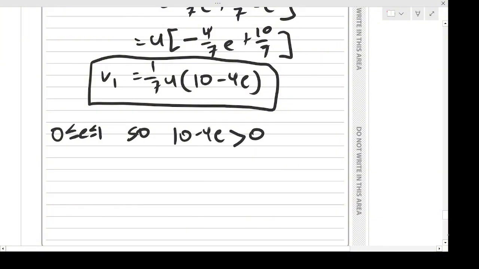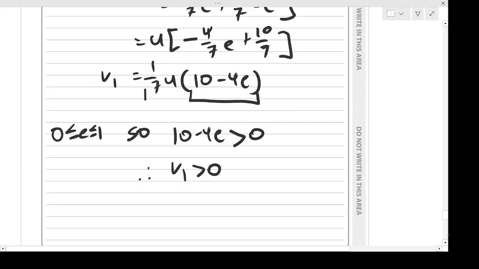Because the most e can be is 1, so the most we can do here is 10 take away 4, but that's still 6, which is positive. So no matter what, 10 will outweigh and be bigger than 4e. So we're always going to subtract a smaller number. So therefore v1 must be positive, because this bracket will ultimately be positive, and a 7th u is positive, so v1 overall must be positive. By the way, u is always positive because u is a speed.